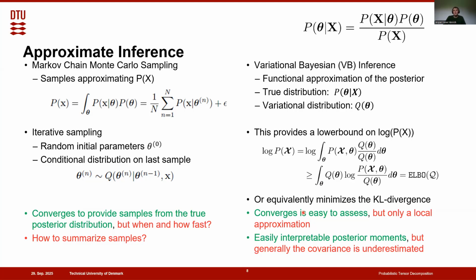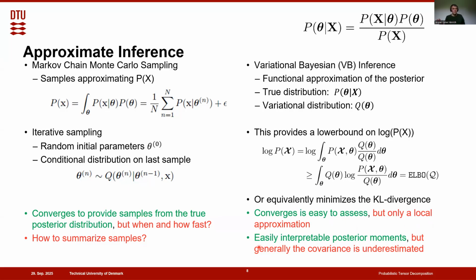You can do the same thing for variational Bayesian inference, but there you measure the change in this evidence lower bound. Otherwise, it's exactly the same to assess convergence. And both of them have the issue that you're not guaranteed the true posterior distribution or the true parameters. You can only get a local minimum, or you risk getting a local minimum and not the global optimum.